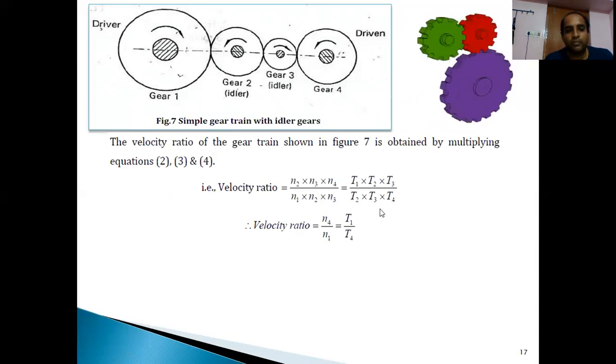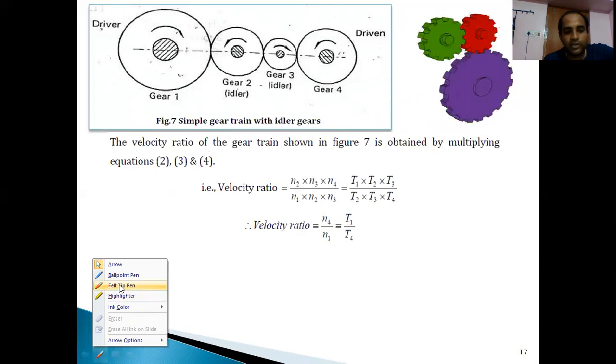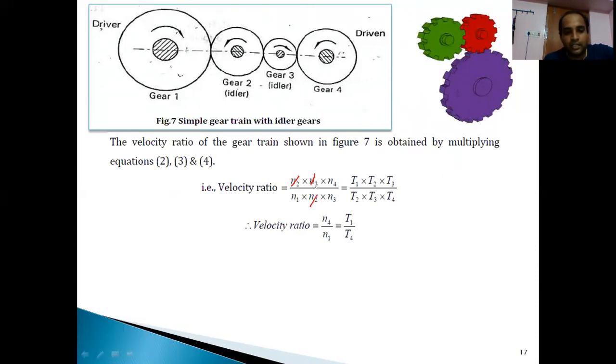If you observe this equation, which things are going to get cancelled? N2 gets cancelled, N3 gets cancelled. Similarly, T3 gets cancelled, T2 gets cancelled. So what is remaining? N4 by N1 is equal to T1 by T4.